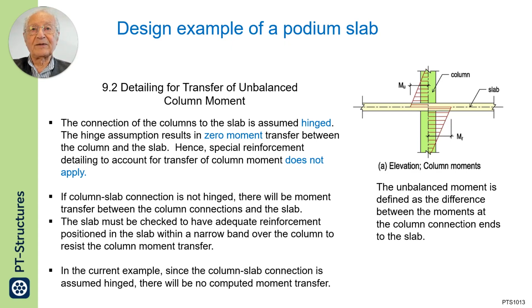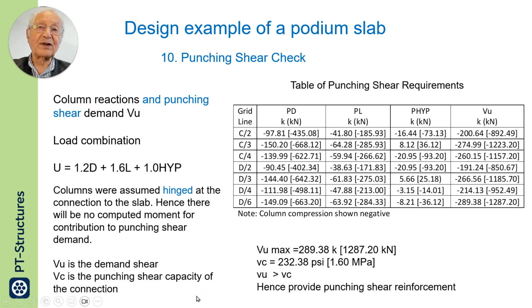So in summary, you are not adding rebar. You position the existing rebar where the code tells you. So in the current example, since the column slab connection is assumed hinged, there will be no computed moment transfer. It has to be positioned.